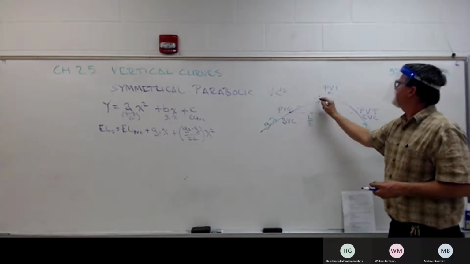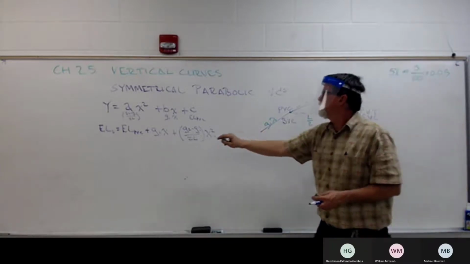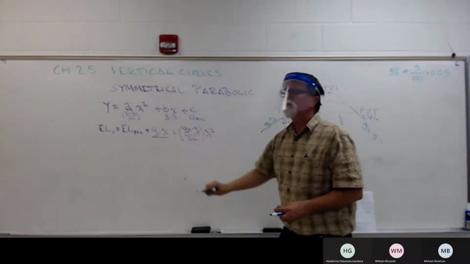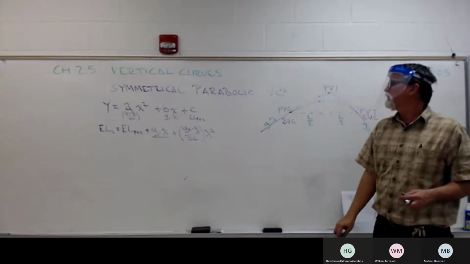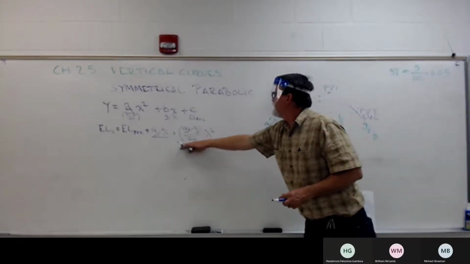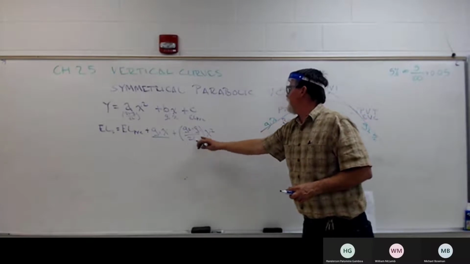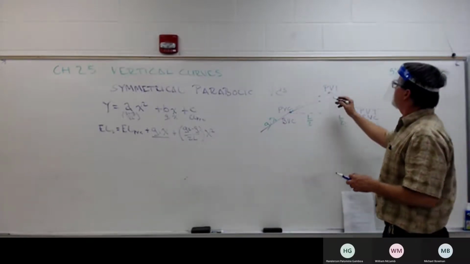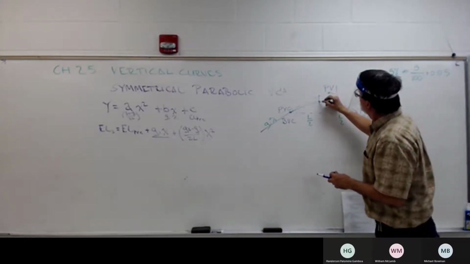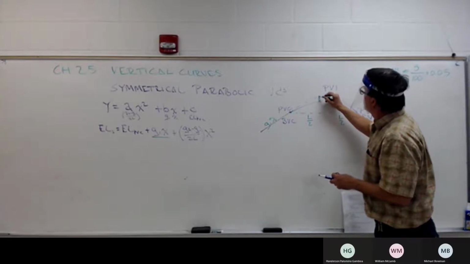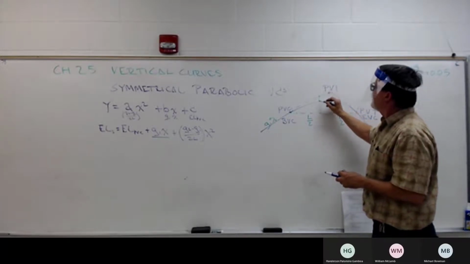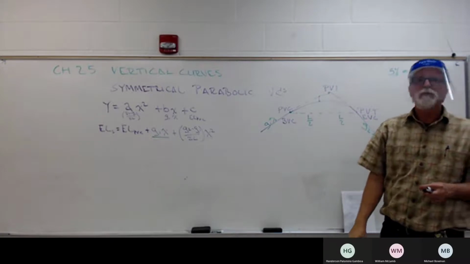So this from the PVC to this point is G1x. What G2 minus G1 over 2L times x squared is, is this gap distance from that vertical tangent line back down to the curve.